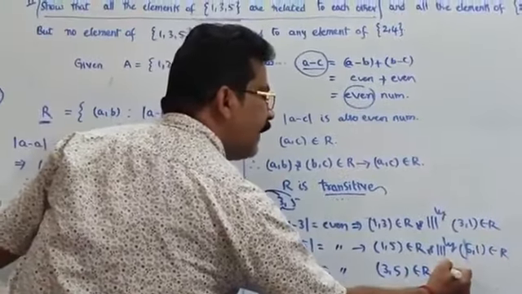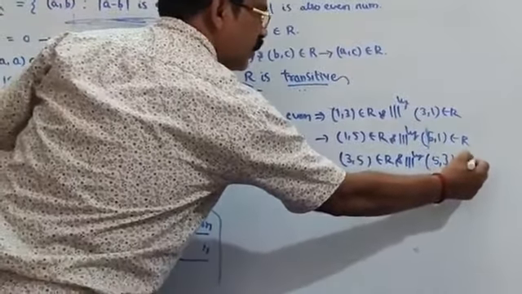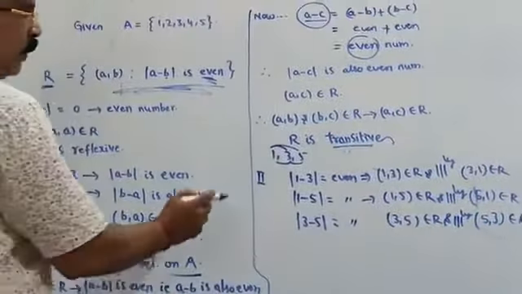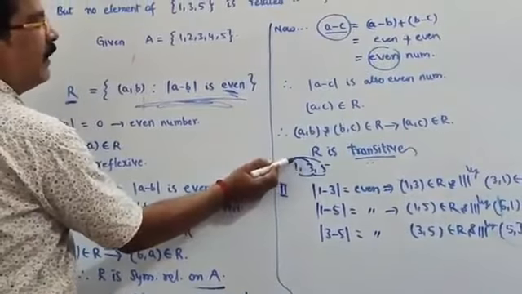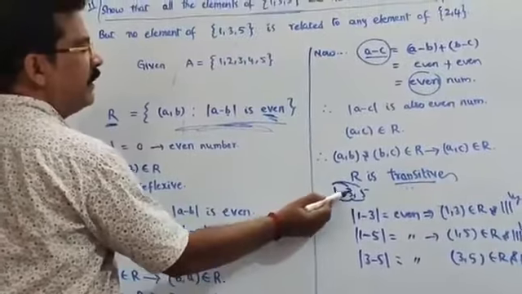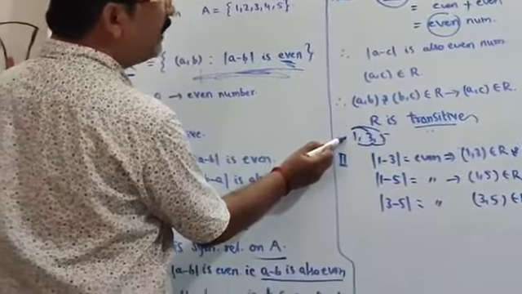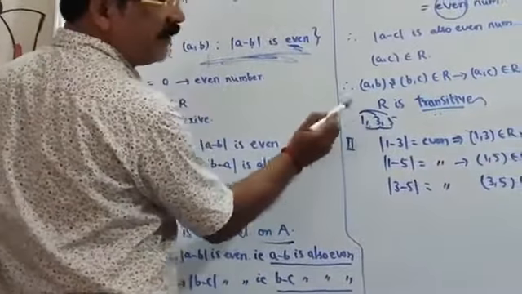And similarly, (5, 3) also belongs to capital R. So 1 minus 3 is even, 1 minus 5 even, 3 minus 1 even, 3 minus 5 even, 5 minus 1 even, 5 minus 3 even.